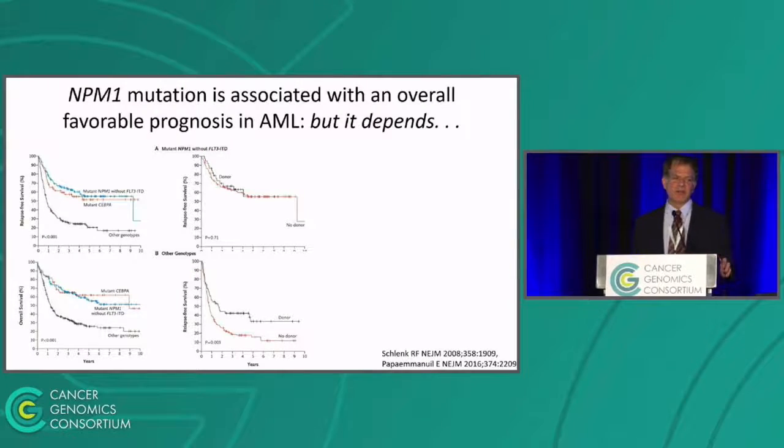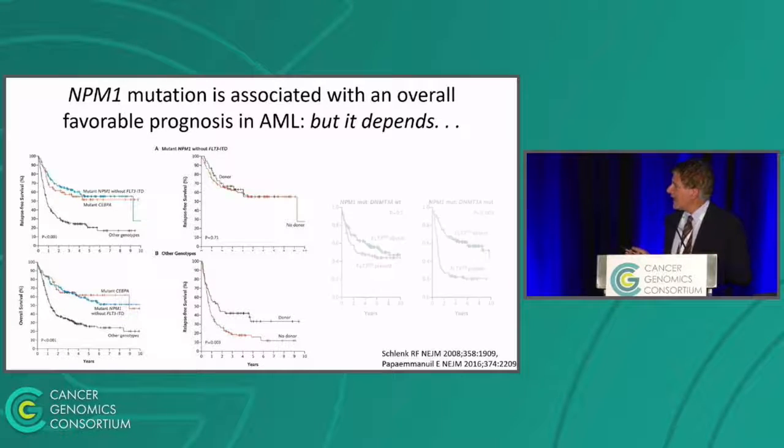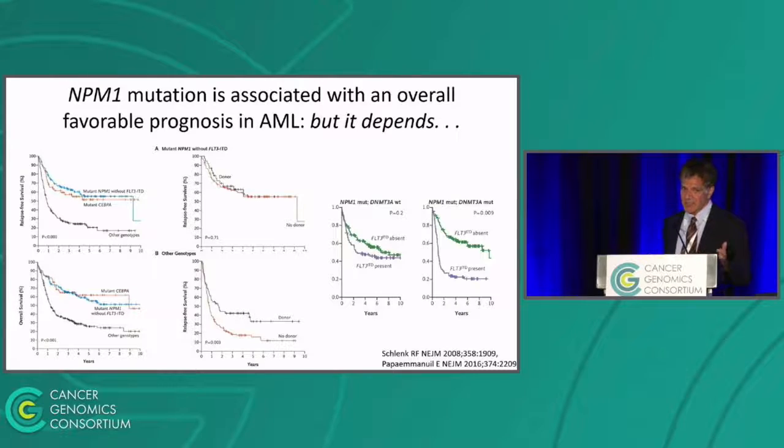So what about its effect on prognosis? Well, all I've been talking to you about so far is biology, possible mechanisms, but of course we are interested in how this impacts patient care. Actually, it is associated with an overall favorable prognosis, but it's not as simple as initially it was thought, because it depends, again, on the genetic background.